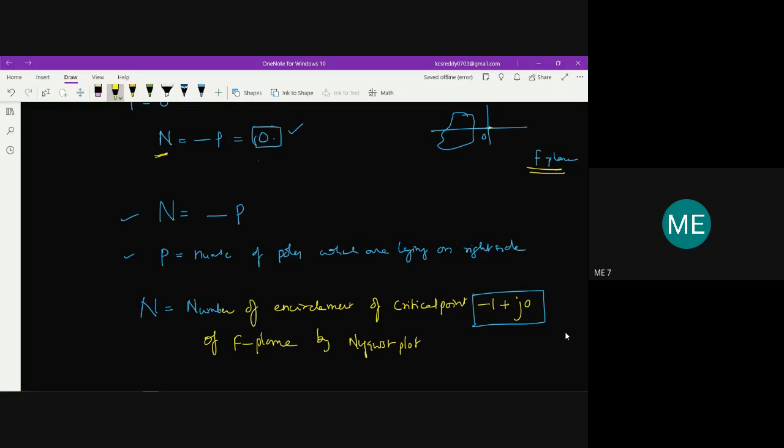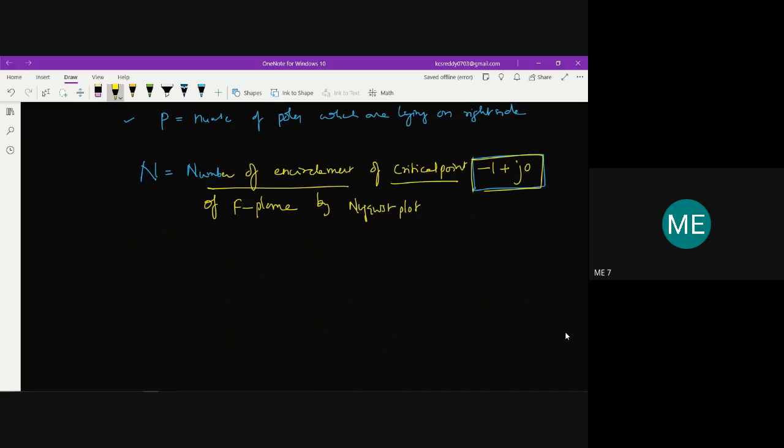But rather than this, in order to study stability, we cannot say whether it is this side or that side. So for better understanding, instead of the origin, take the number of encirclements of the critical point, minus 1 plus j0. Then we can find the stability. So N will be taken for the encirclements of the critical point, not the encirclements about the origin.